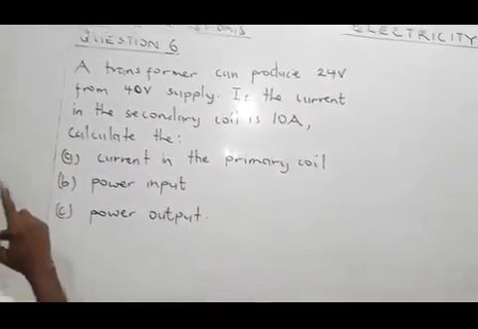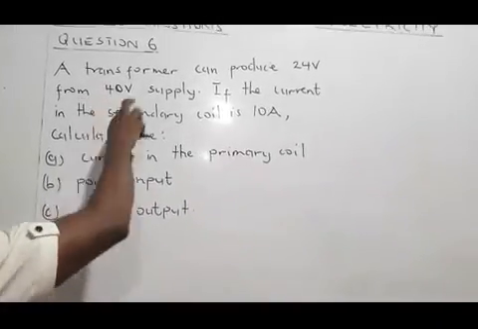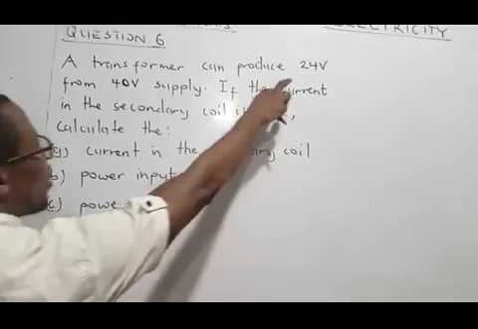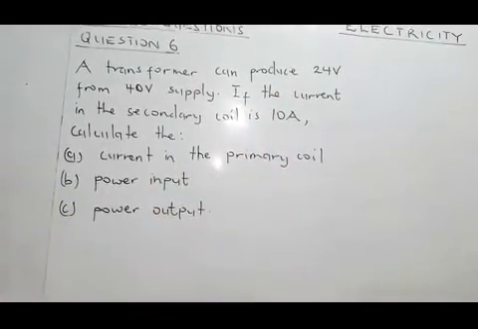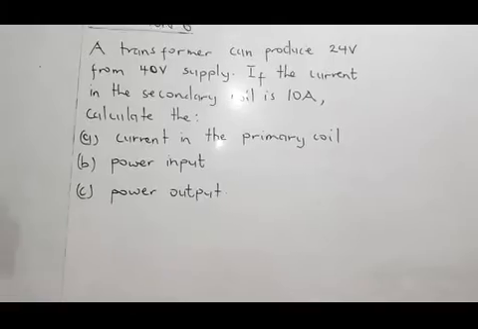So that should tell you that if the input voltage is 40 and the output is 24, it means that the voltage has reduced. So the transformer here is a step down transformer.